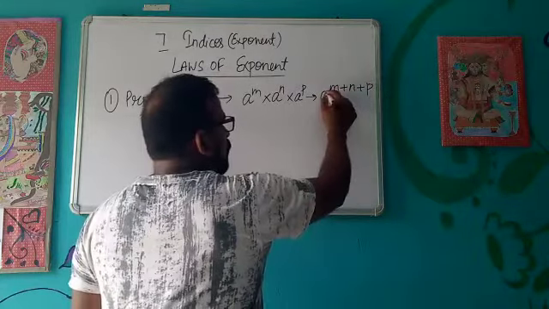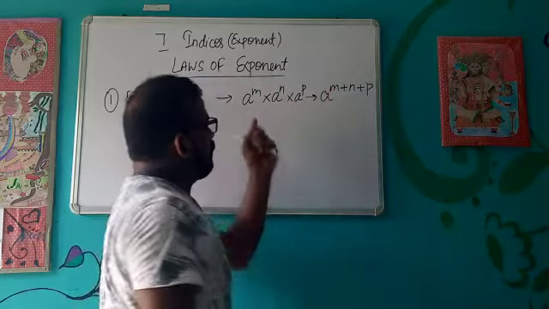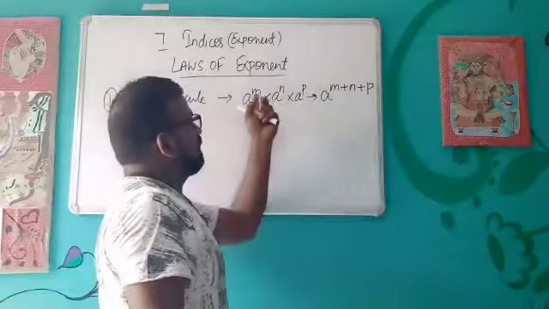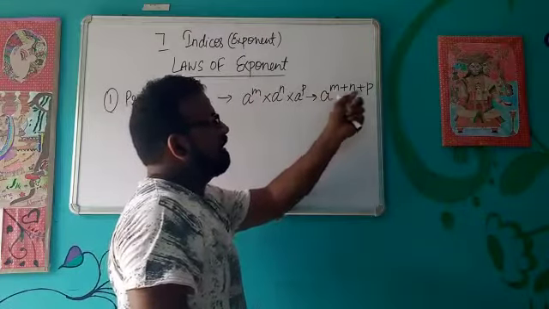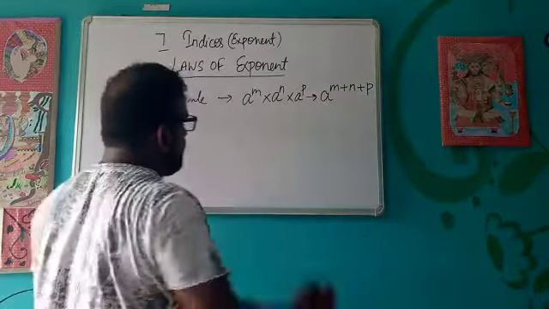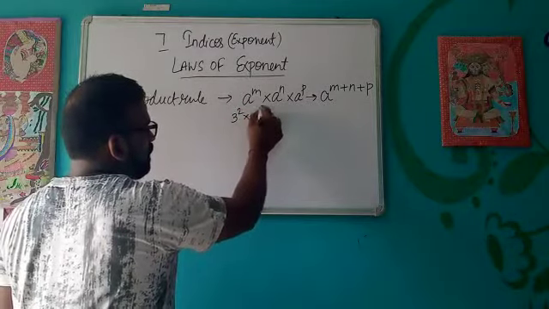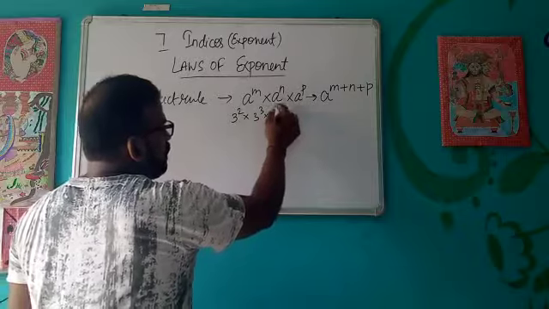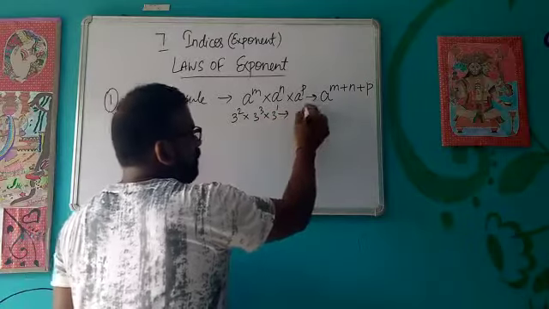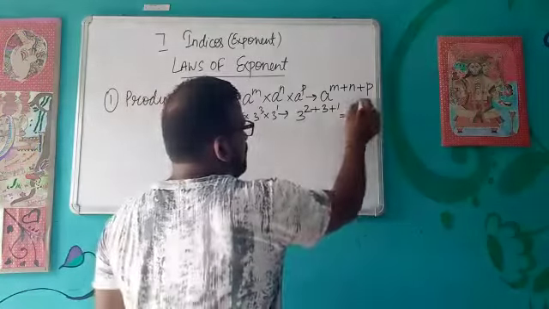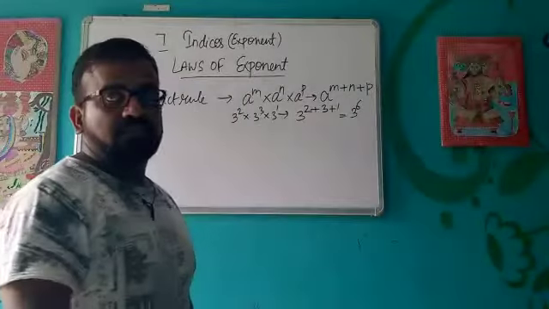So how do we use this law? You have to be careful with the base. If bases are same, then only you can add the powers. For example, let's suppose I write 3 to the power 2 into 3 to the power 3 into 3 to the power 1. In that case, we will simply add these exponents. So I will get 3 to the power 6.